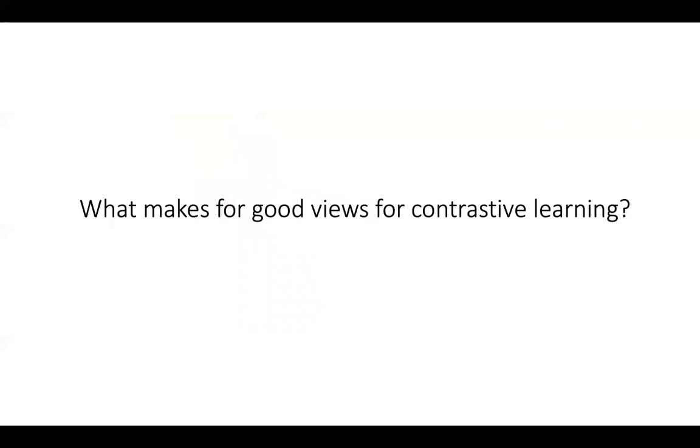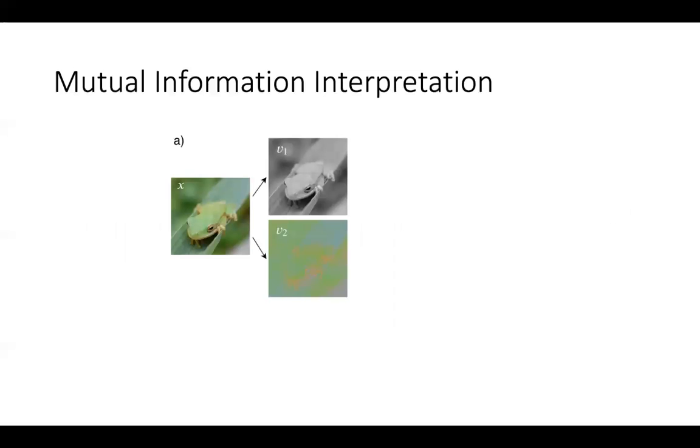Then the next question to me is, instead of just using different augmentations from the same image as two views for contrastive learning, what are other important properties for constructing good views? That's the question we are trying to answer and dig into a bit.